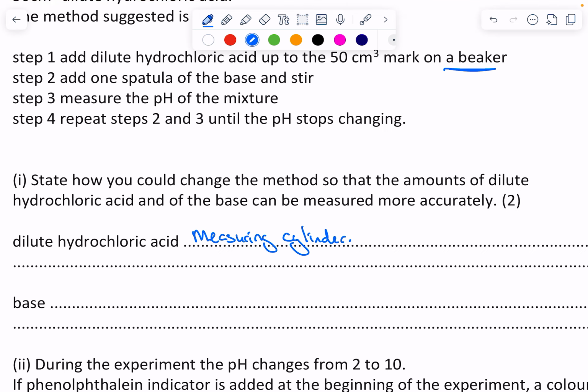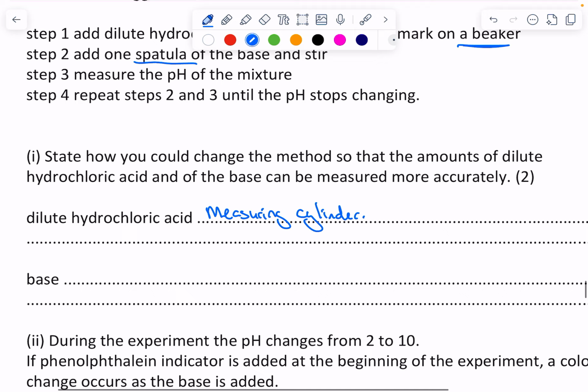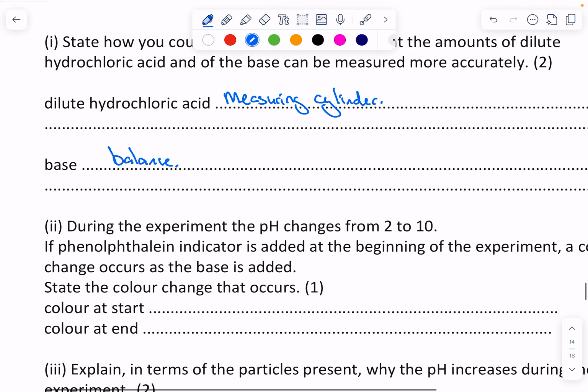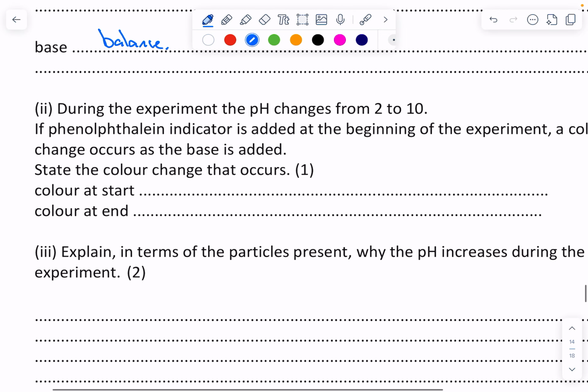And they're just using a spatula to work out the base. The base is a solid, so a better way of doing that would be to use a balance and actually find the mass of the solid instead. During the experiment, the change is from 2 to 10.